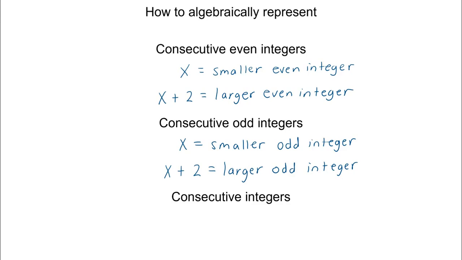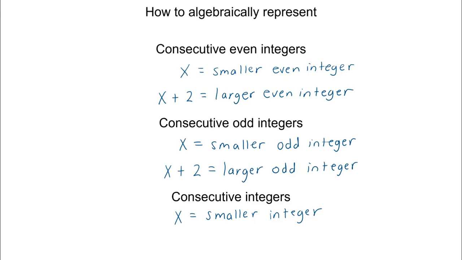But how would we represent algebraically consecutive integers? Now here we're not talking about consecutive even integers or consecutive odd integers. We're just talking about consecutive integers. Consecutive integers are numbers like -1, 0, 1, 2, 3, 4. Well, just as we did previously, we're going to let x represent the smaller integer.